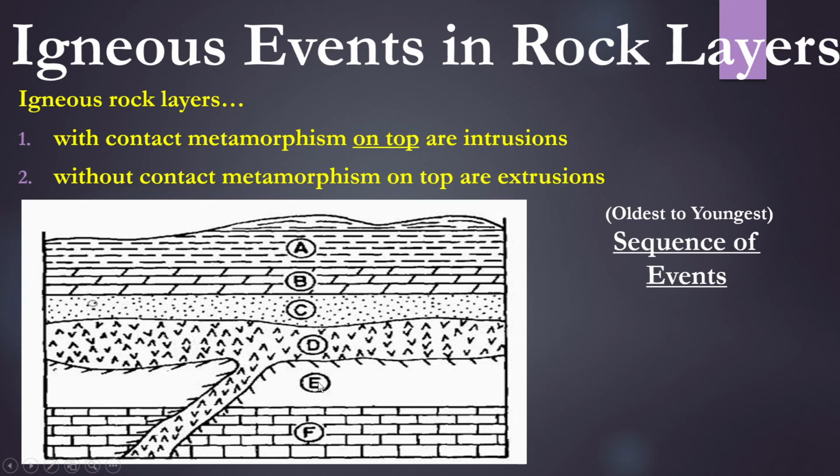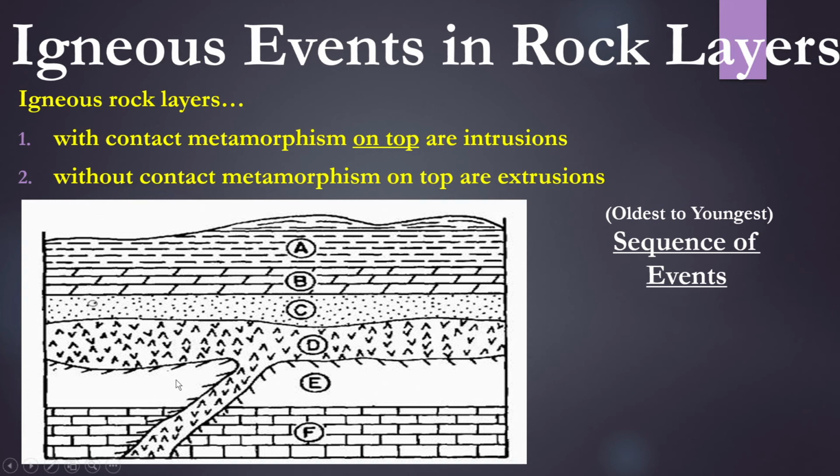And then E comes. And then you might say C, B, A, and the last thing you might say is D. But here's the problem with that. D is not an intrusion. It's actually an extrusion. So let's go over how that works, because that's not straightforward.